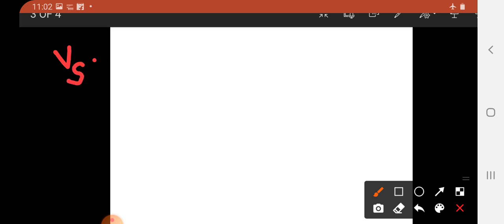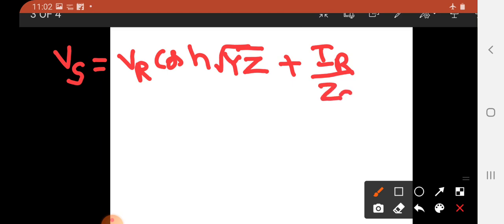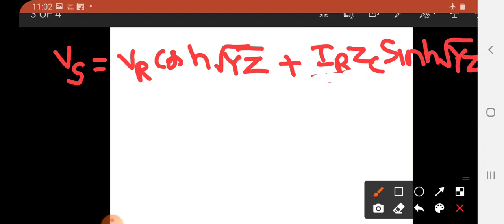Then Vs is equal to Vr cosh square root of yz plus IR into ZC sinh root yz. This is Vs. This is equation 15.